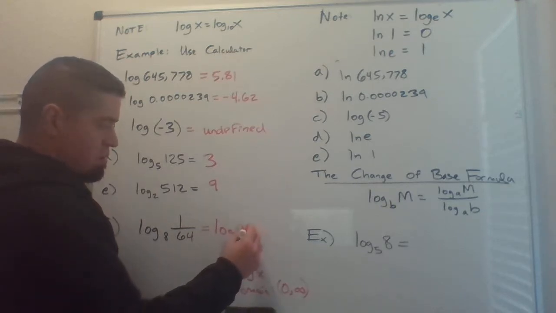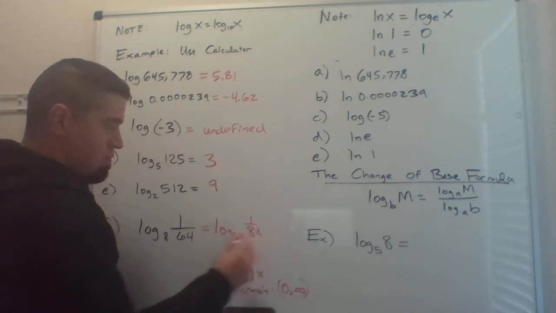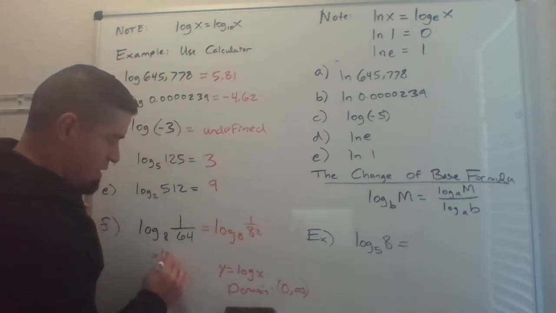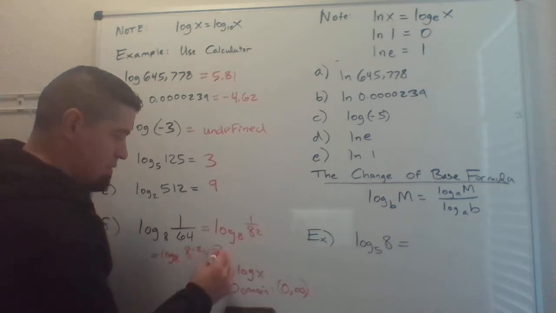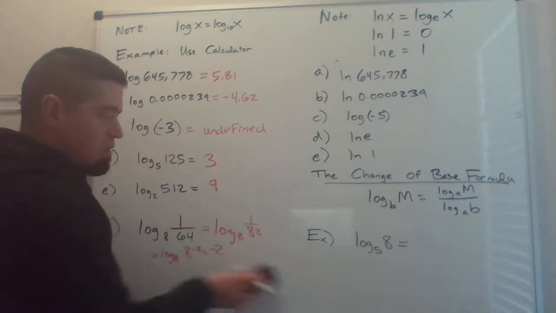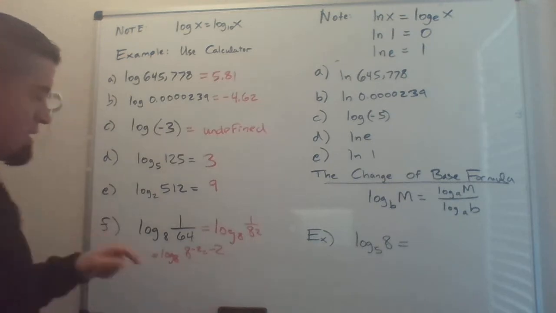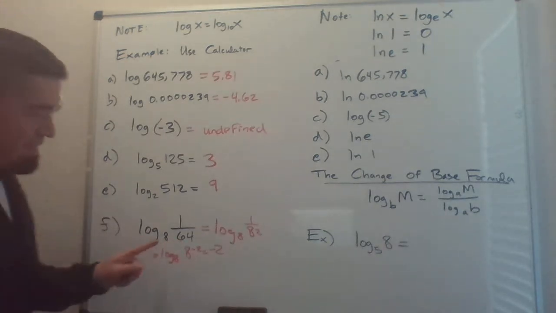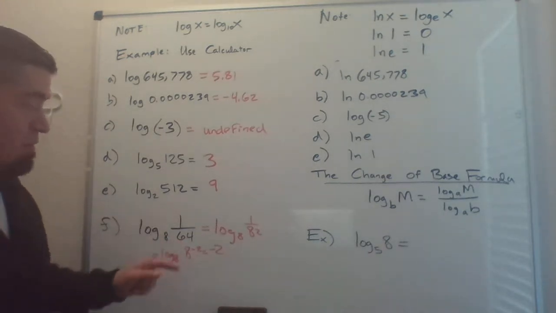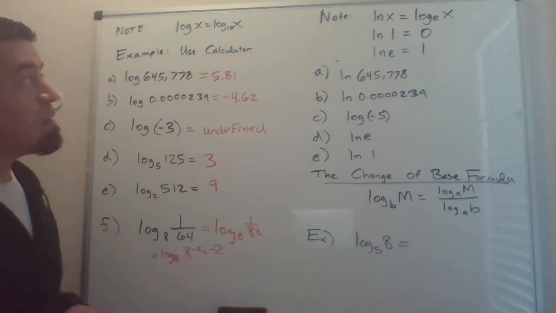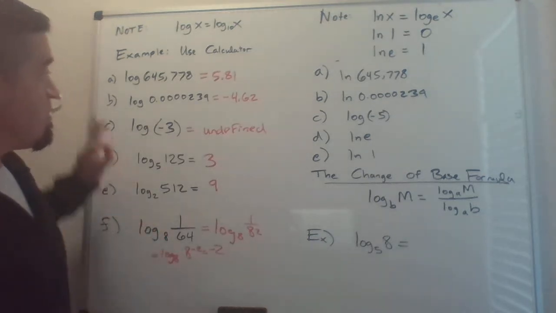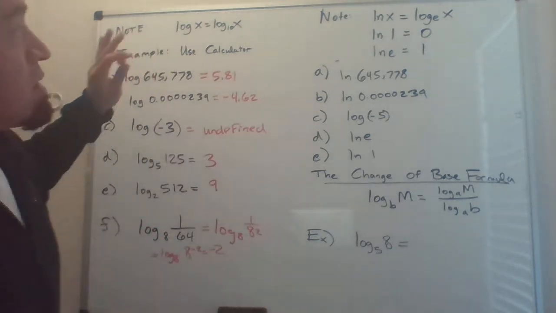Which I told you earlier, this could be 1 over 8 squared, which is log base 8 of 8 to the negative 2, so it's negative 2. So that's the exponent of 8 that's going to give me 1 over 64. It's going to be negative 2. Okay, so that's how you do some of these things for logs in a calculator.